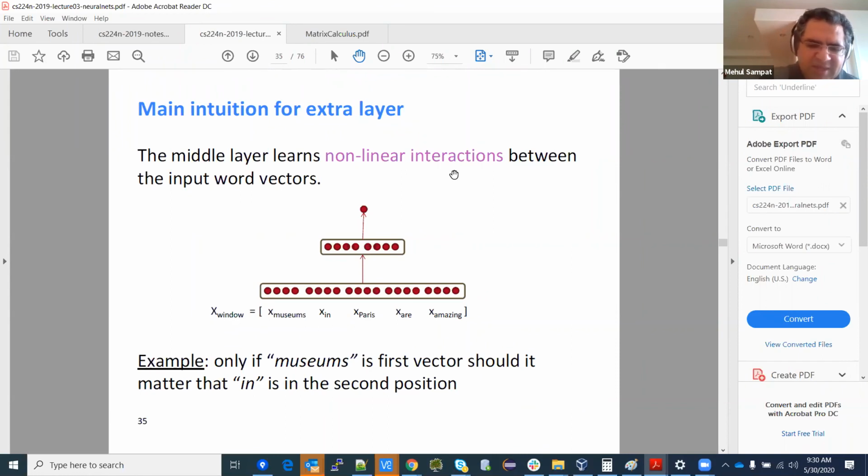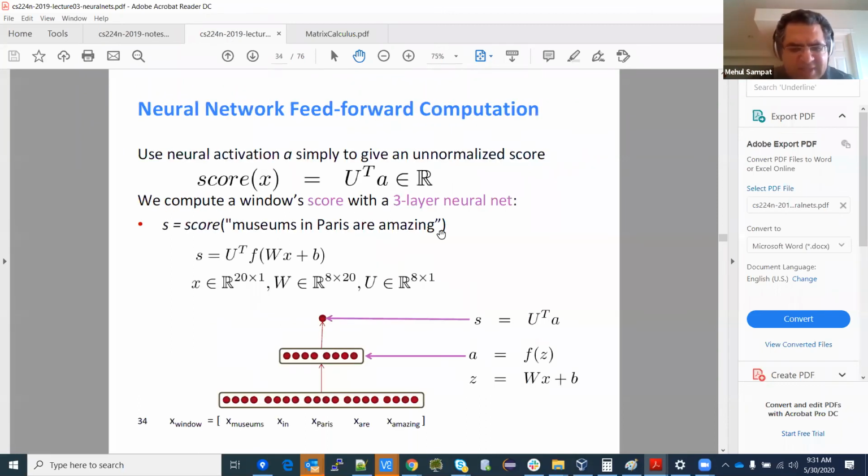For the one example that you see, only if museums is the first vector should it matter that "in" is in the second position, right? So for example, the negative, "all museums are not in Paris." So you add this hidden layer to learn these nonlinear interactions, and the rest is similar to what we said.